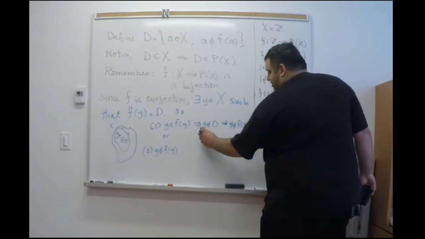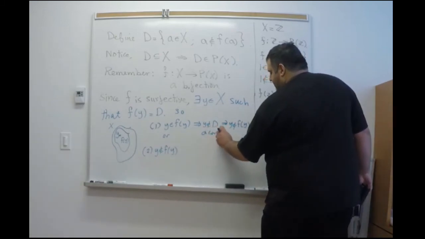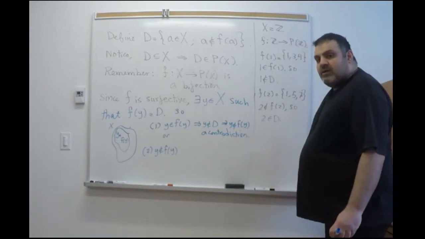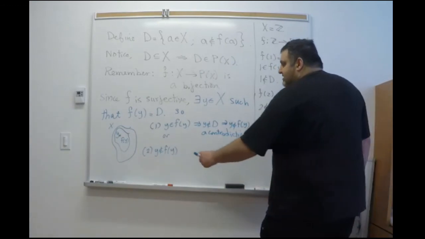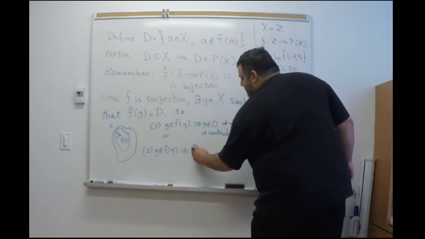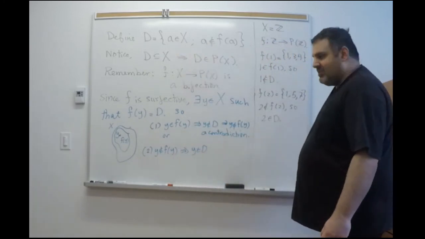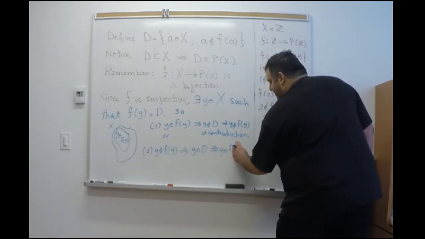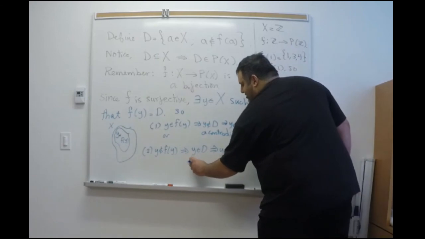The contradiction. On the other hand, if y is not in f of y, by definition of D, y would be in D. But then this says y is in f of y. Again, a contradiction.